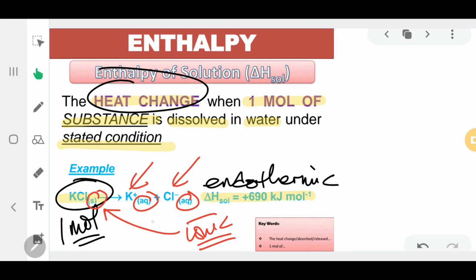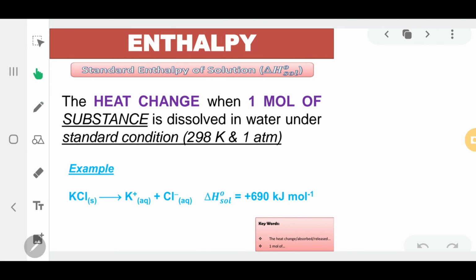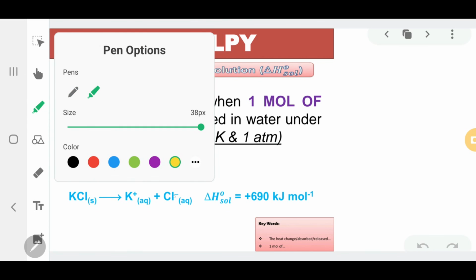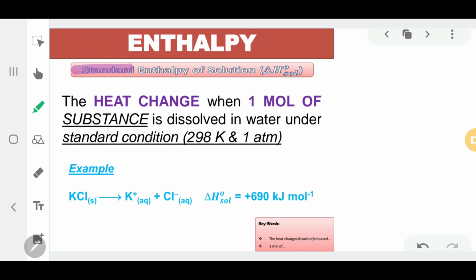And when you dissolve that in water, you have K plus aqueous plus Cl minus aqueous. But the most important thing you need to remember for enthalpy of solution is that we focus on 1 mole of your ionic substance over there. So when you have the word standard, again, you're just going to change that into standard condition, 298 Kelvin and 1 atmospheric pressure. Okay?